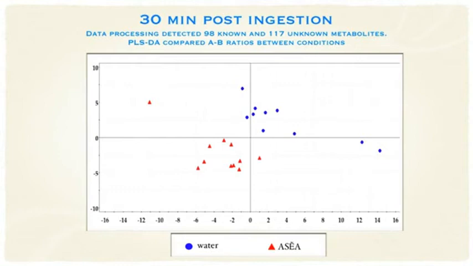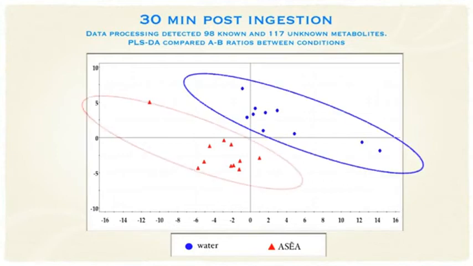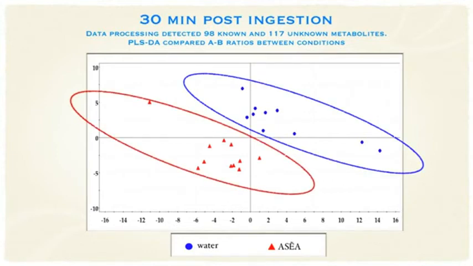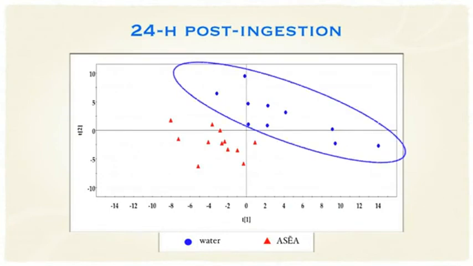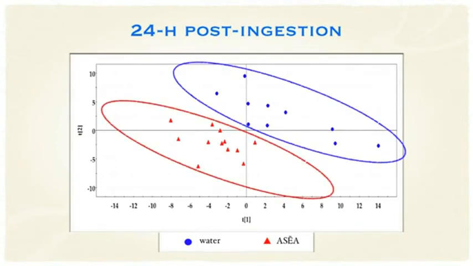So in looking very quickly, after just 30 minutes of ingesting 4 ounces of ASEA, there was already a defined distinction in the group, the placebo group or the active group. And here you're seeing a real distinction even 24 hours after a single dose of ASEA.